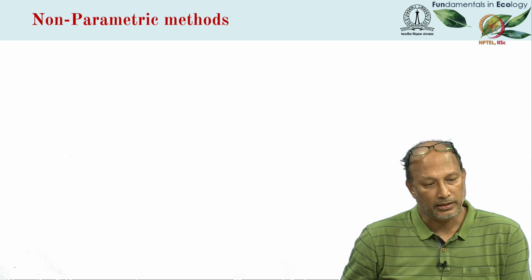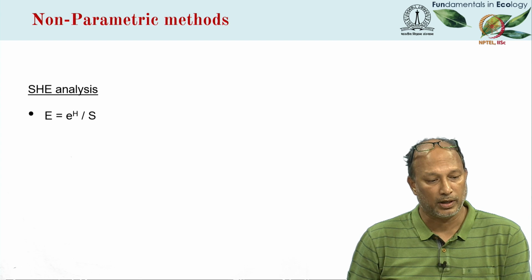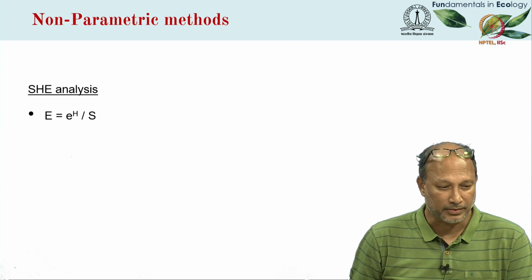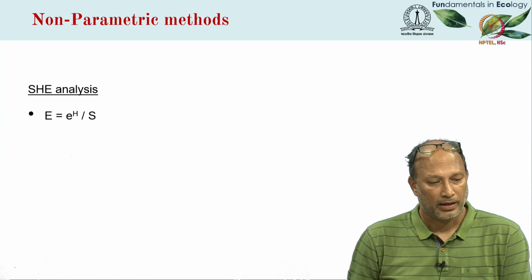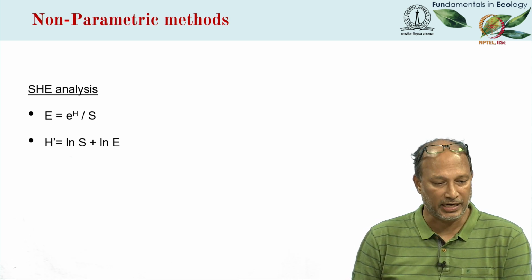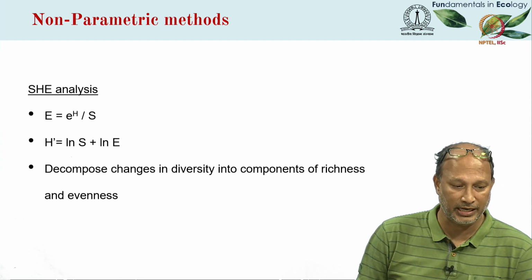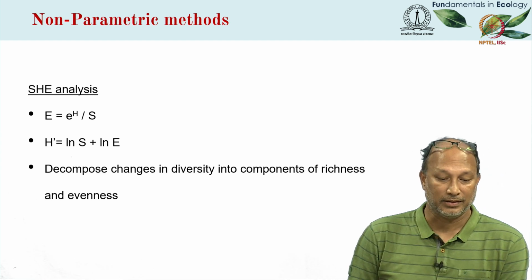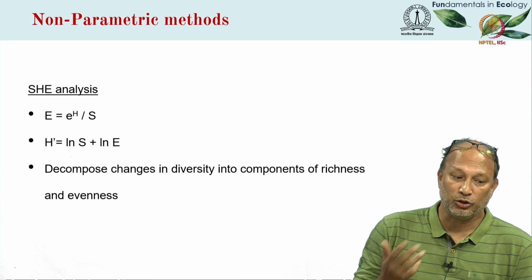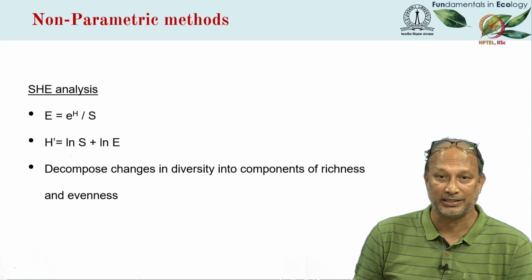So another commonly used approach to studying evenness is called SHE analysis, where E is taken as e to the power of H by S. H prime then is equal to log S plus log E, and so this is useful because it decomposes changes in diversity into components of richness and evenness.